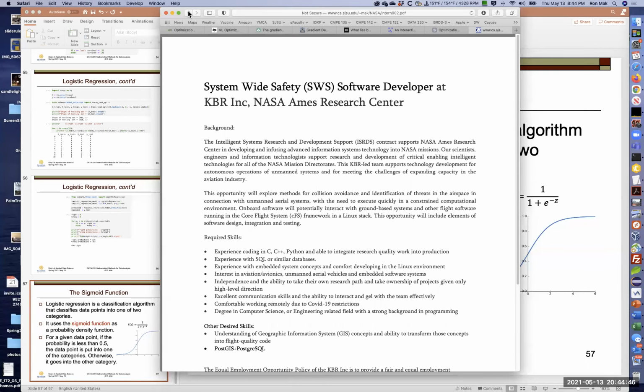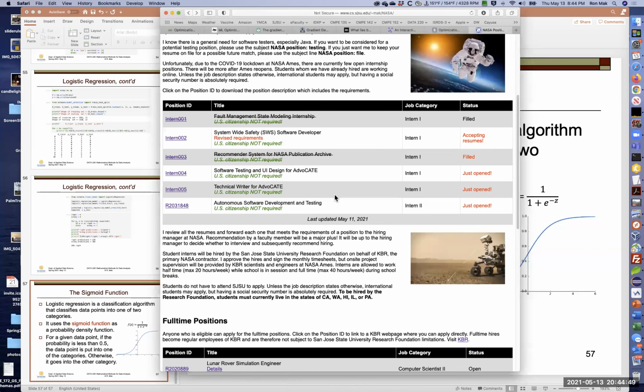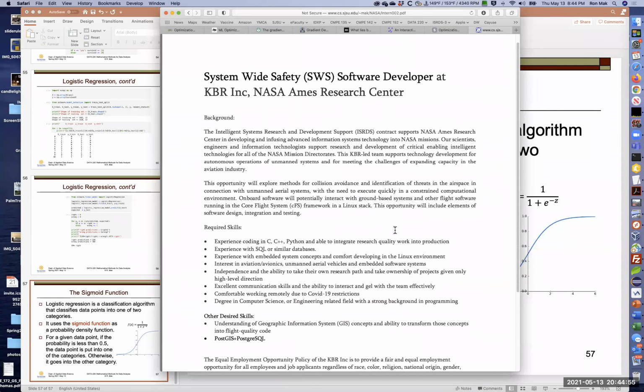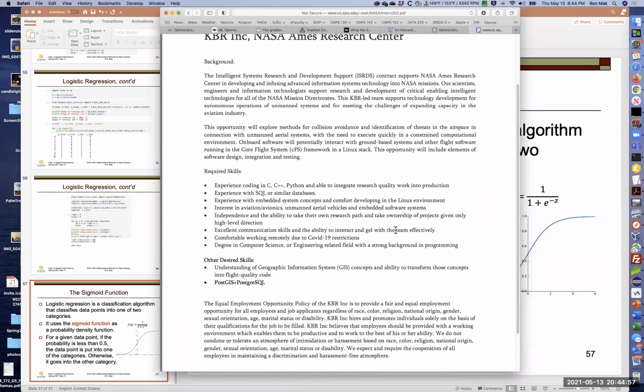Okay. A quick question regarding those internships, especially like system-wide safety. I noticed that they ask for a lot, right? Like C, C++, and Python. I have told them that they ask for too much, which makes it really, really hard for students to dare to apply for any of these.